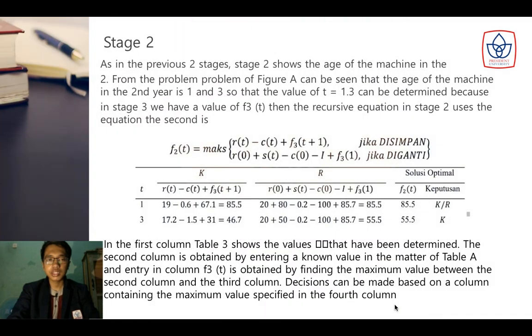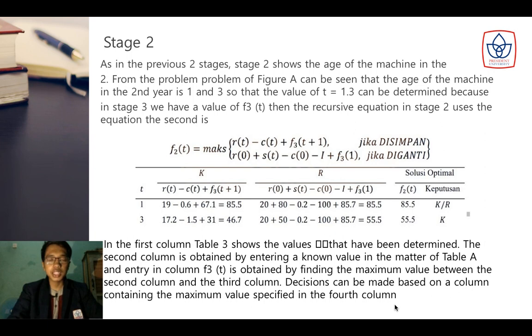Stage 2. As in the previous two stages, stage 2 shows the age of the machine in the second year. From the problem in figure A it can be seen that the age of the machine in the second year is 1 and 3, so the value of t, 1, 3, can be determined because in stage 3 we have the value of F3. Then the recursive equation in stage 2 uses the second equation.